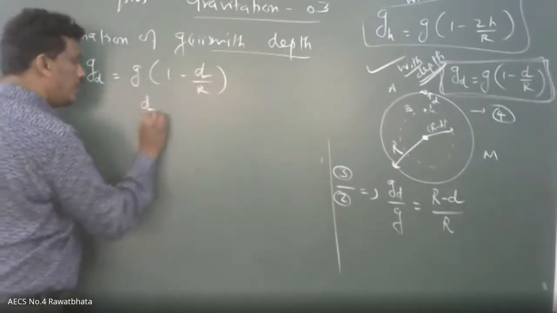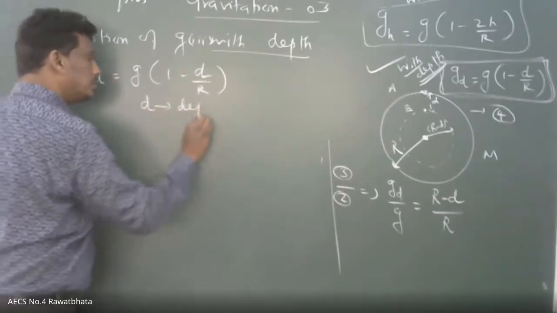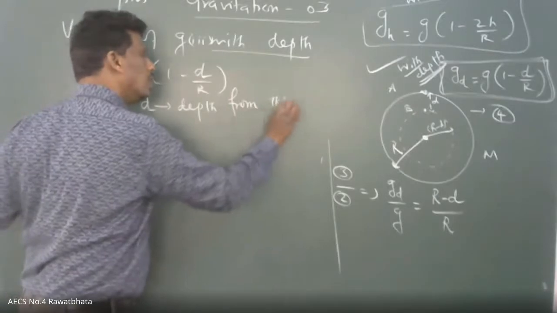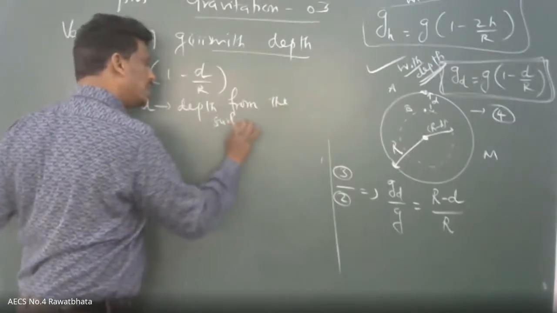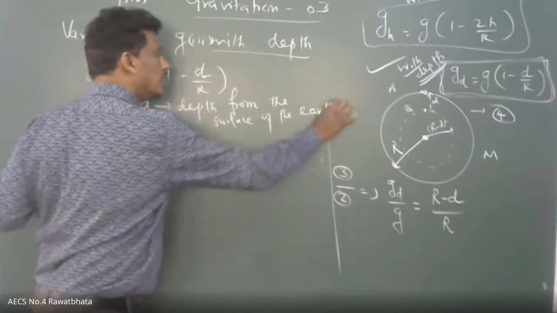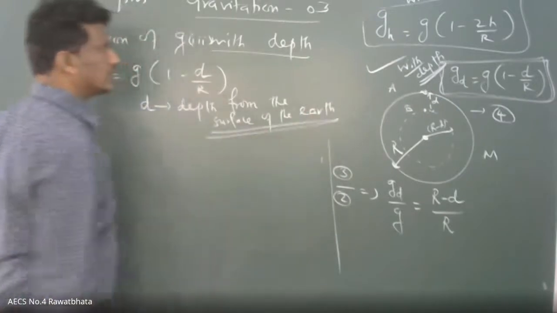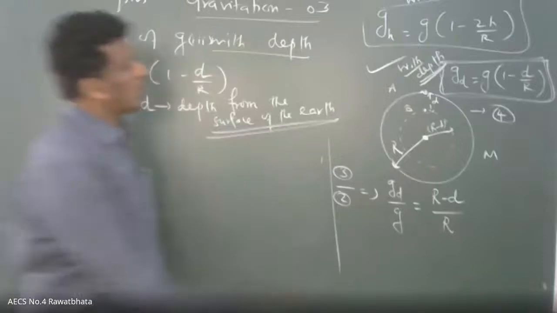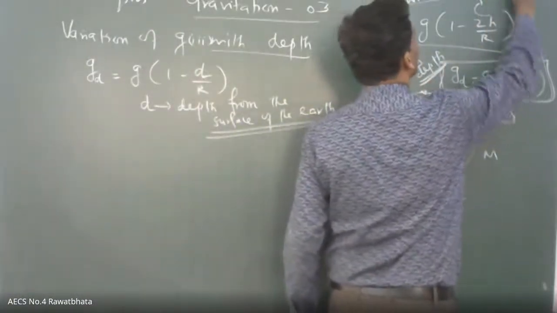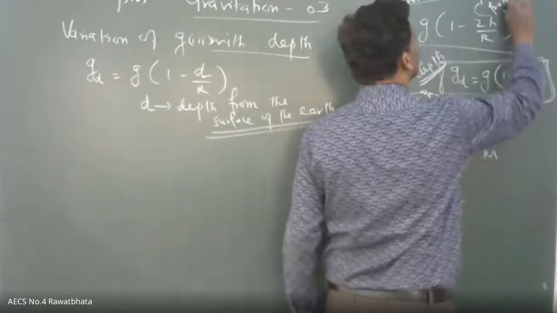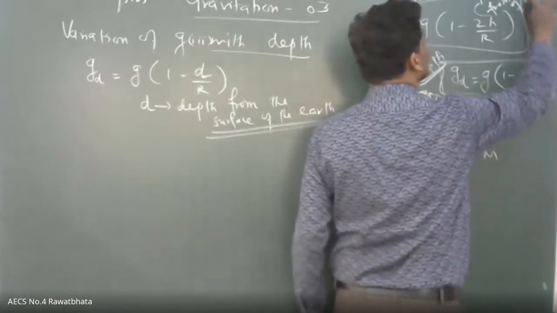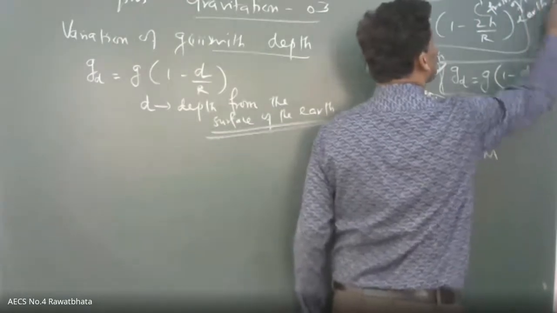What is D? Depth. From where do you have to measure? From the surface of the earth. Very, very important. What is H? Height. From where? Surface of the earth. Very important.